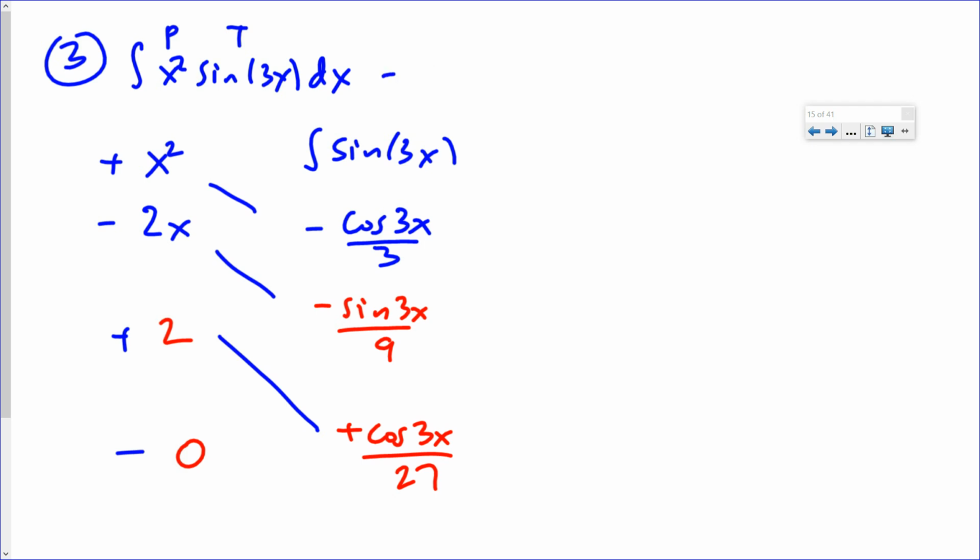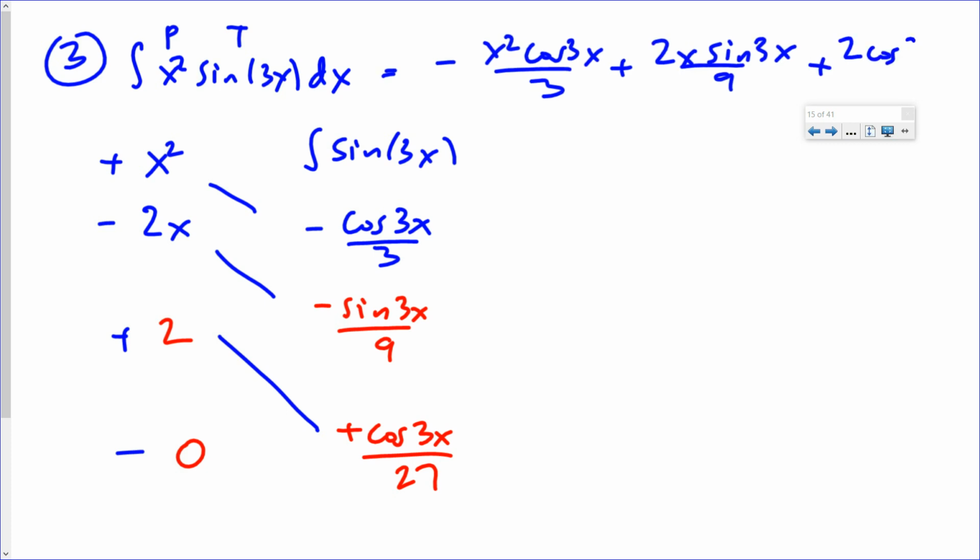So my answer is negative x squared cosine 3x over 3 plus 2x sine 3x over 9 plus 2 cosine 3x over 27. And don't forget the plus c. Are there limits I need to put into this? No. Okay. Any questions on this problem?